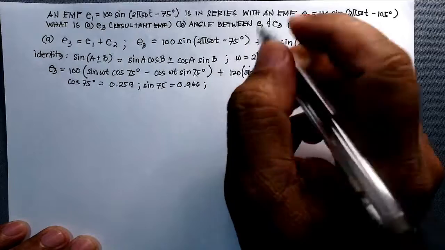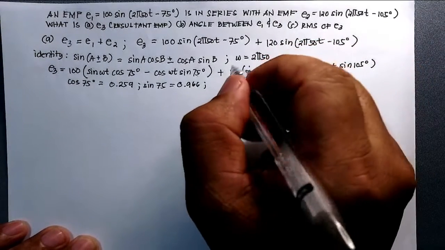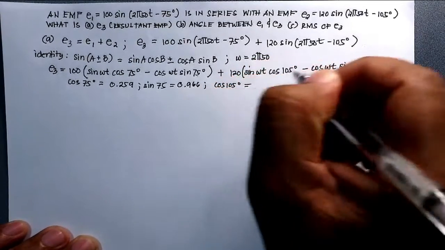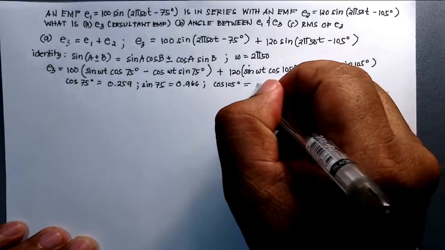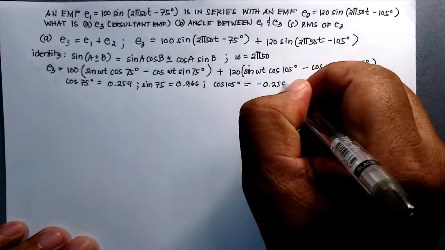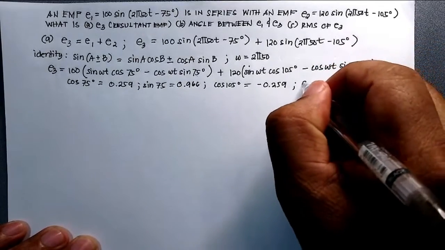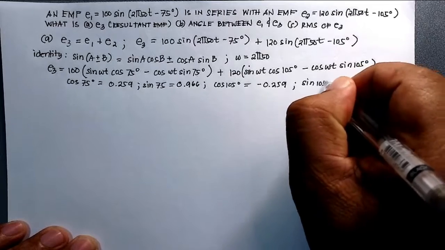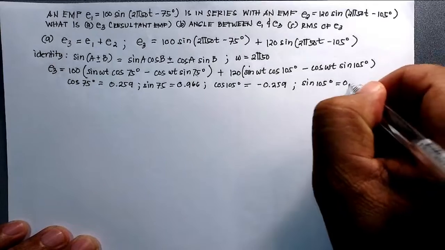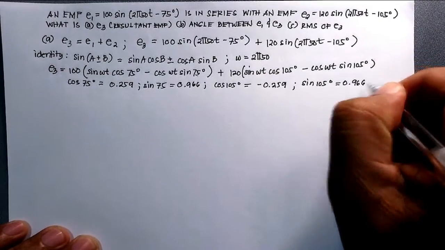Also we take cosine 105 degrees, which is equivalent to negative 0.259, and sine 105 degrees, using your calculator, will be 0.966.